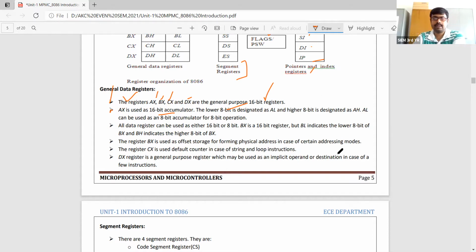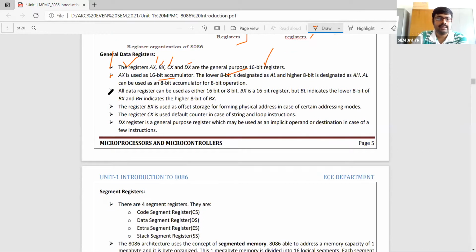Point number 3. All data registers can be used as either 16-bit or 8-bit. That is a very crucial and very important point. All data registers can be operated as either 16-bit or 8-bit. BX is obviously a 16-bit register, but BL indicates the lower 8-bit of BX and BH indicates the higher 8-bit of BX.